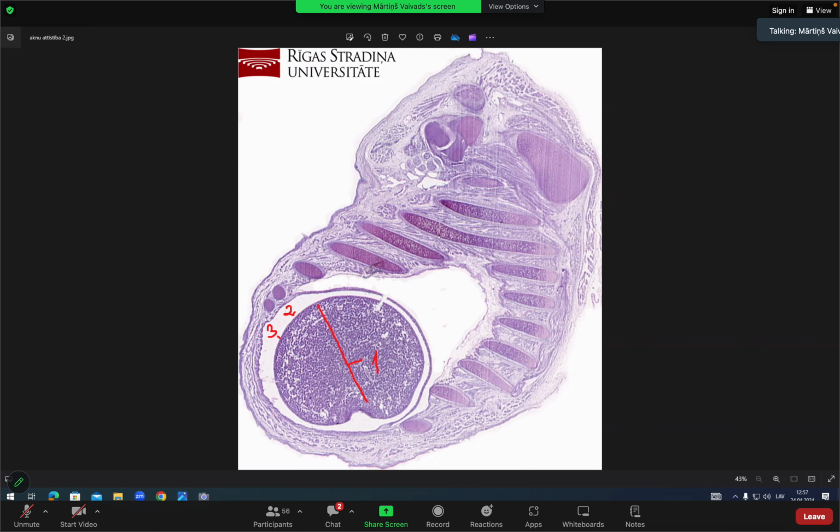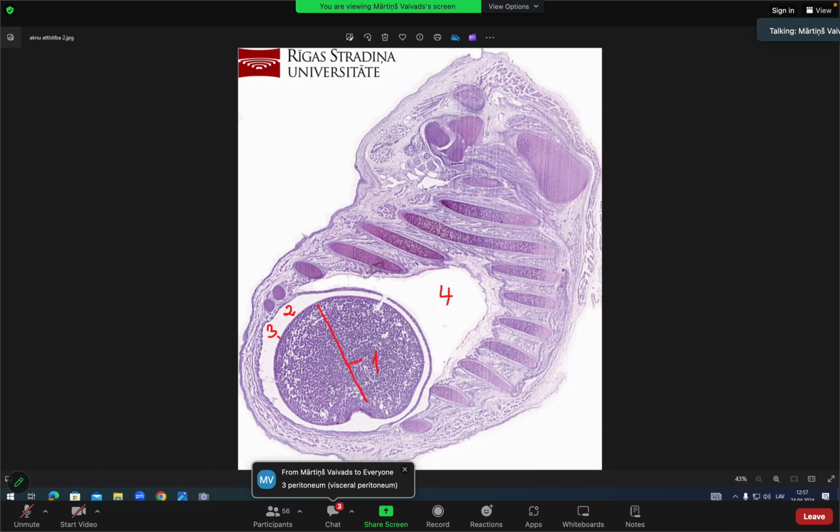Who remembers from anatomy? Peritoneum. So visceral peritoneum, if to be exact, but peritoneum. Here, if you know anatomy, that's very helpful.